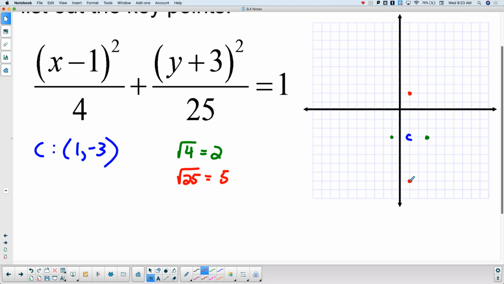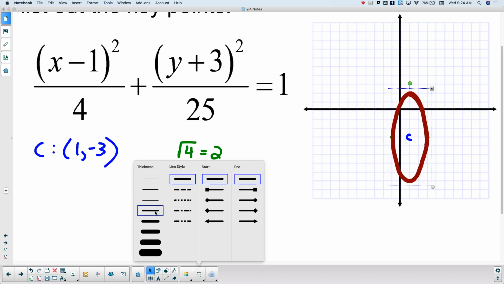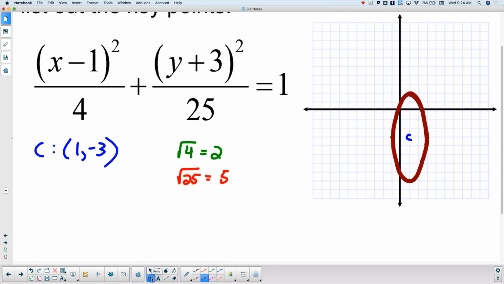Okay, love it. Now what? Draw it in. Okay. Now what?